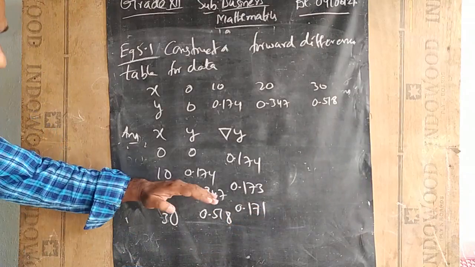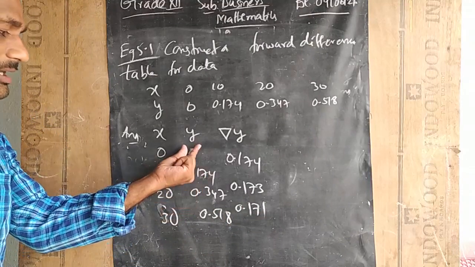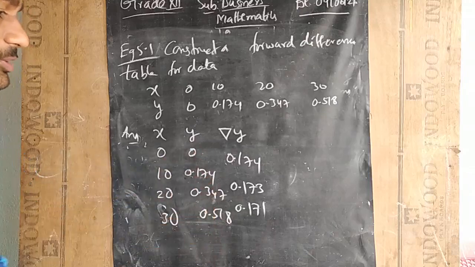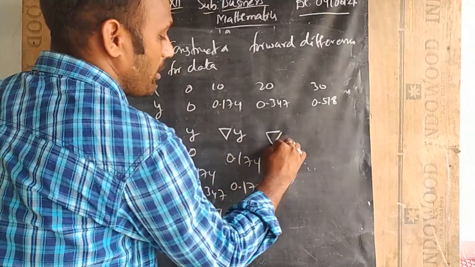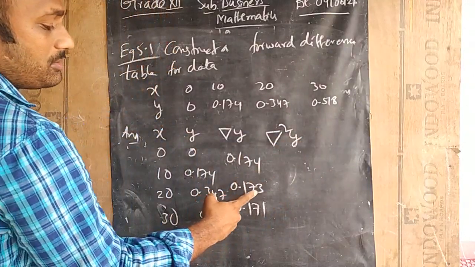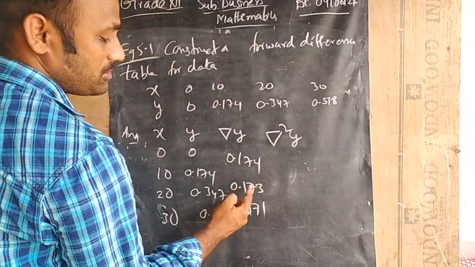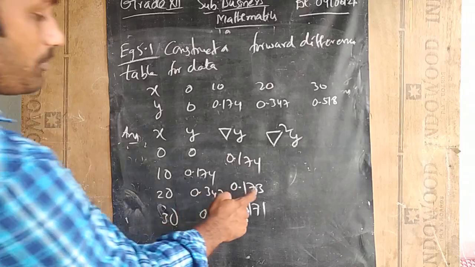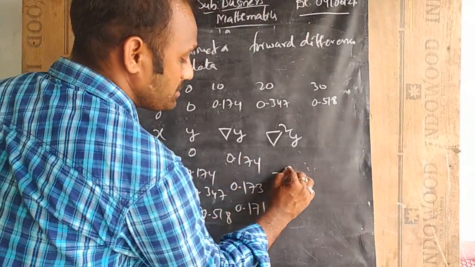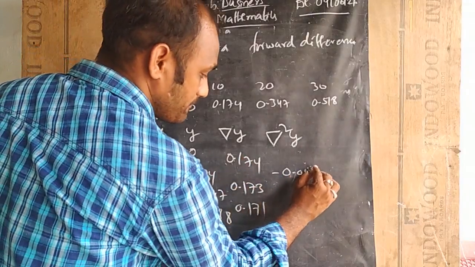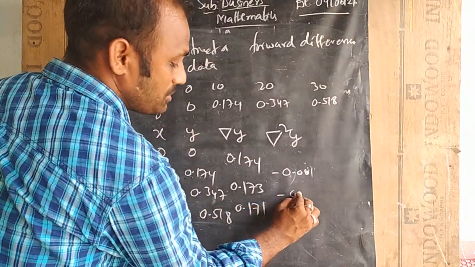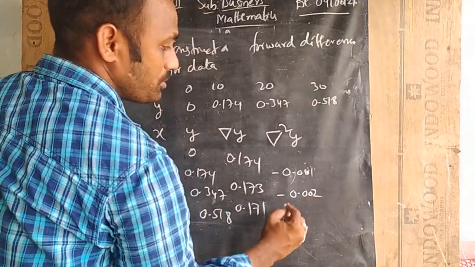We are just doing subtractions here, the forward difference table: y1 minus y0, y2 minus y1, y3 minus y2. Same logic for delta square y. So 0.173 minus 0.174 gives minus 0.001, and here it will come minus 0.002.